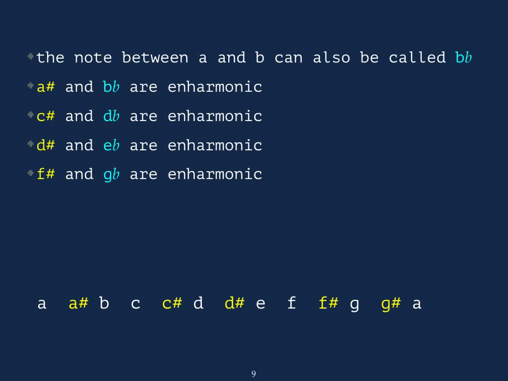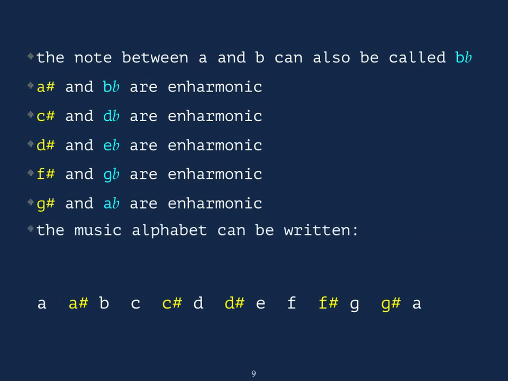F sharp and G flat are enharmonic. And finally, G sharp and A flat are enharmonic. So the music alphabet can be written A, B flat, B, C, D flat, D, E flat, E, F, G flat, G, A flat, A.